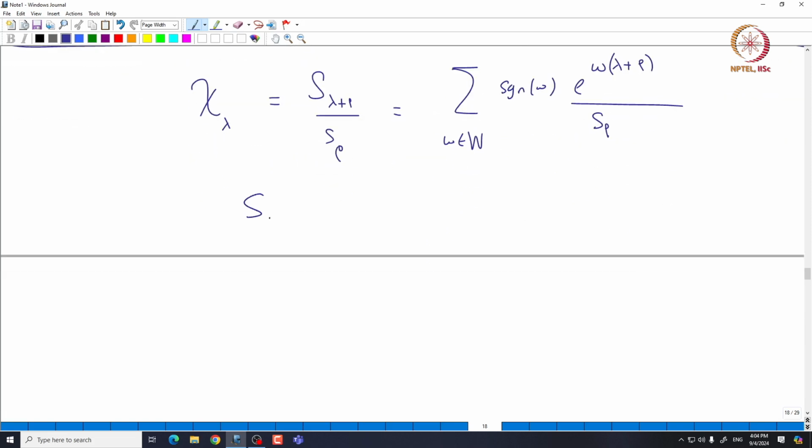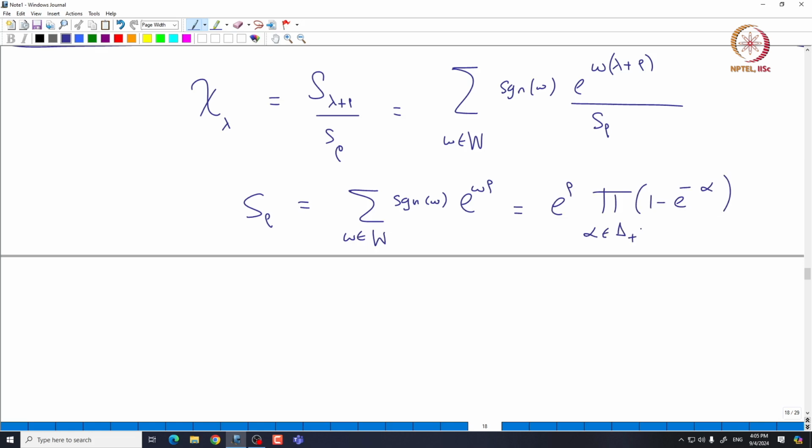What is this S rho? S rho is given by the summation of sign of w e power w rho, w in W, which is also given by e power rho times the product of 1 minus e power minus alpha, alpha coming from delta plus.